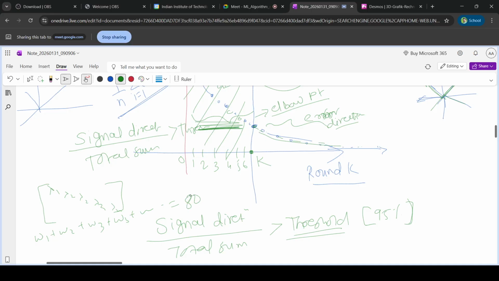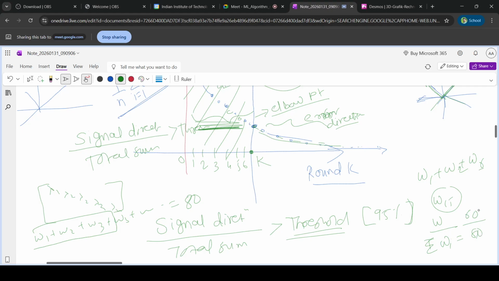Out of that you have to check which W calculation you can take, till what W you will stop. Okay, I am stopping at W number 6, instead of going till W15. So the total W's are 15, the total sum over all W's is 80, and out of 6 you will get something like 60.